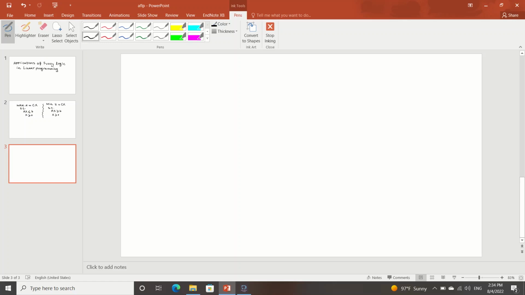And this is very important for respecting the rules and making the fuzzy linear programming and then converting to the crisp linear programming model.